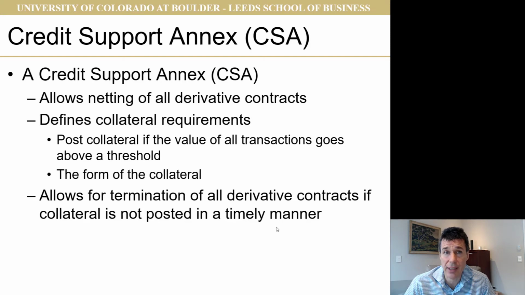Okay, so let's think about that for a second. Let's say we've got a contract, we just negotiated it, it's fair, so it's got no value to either side. And then the market moves, and now it's worth $50,000 to one of the parties. That party is allowed to call up the other one and ask for collateral.